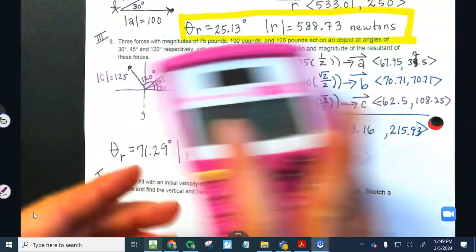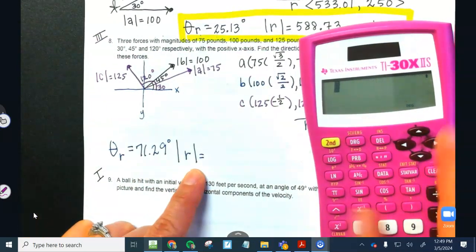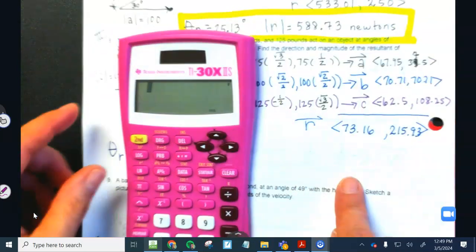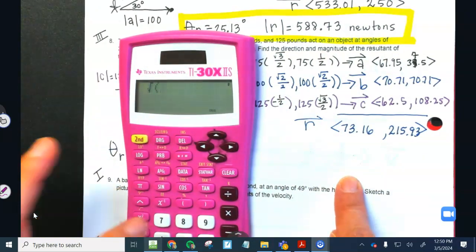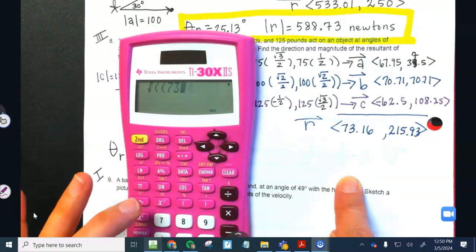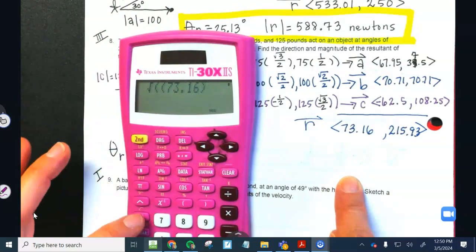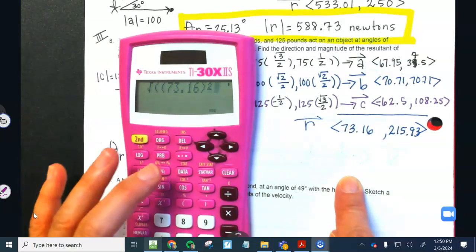And then some of y'all are calculator savvy where you can enter this all in at once. If you don't think you can, don't do it, because one little mistake will get it wrong. I'm talking about finding the magnitude.